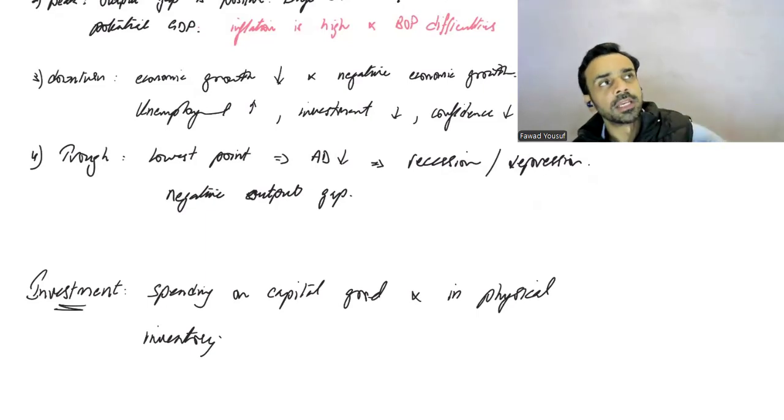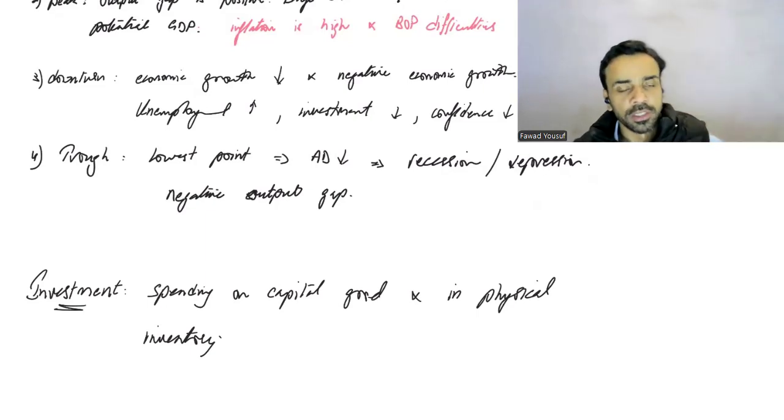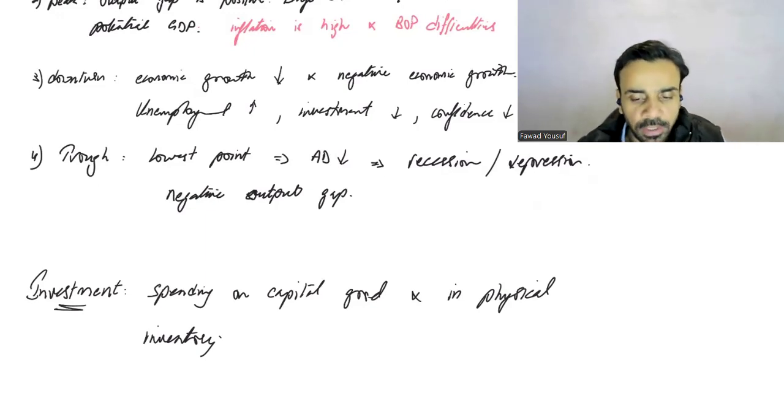But दूसरे end के ऊपर they can build up their inventory of bottles of Coke and they can sell it in the future and make money, right? So ये obviously उसका part है.